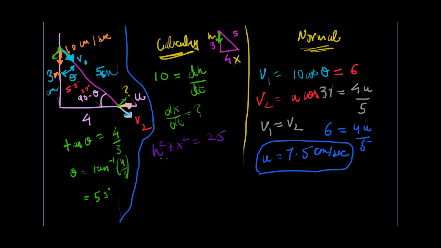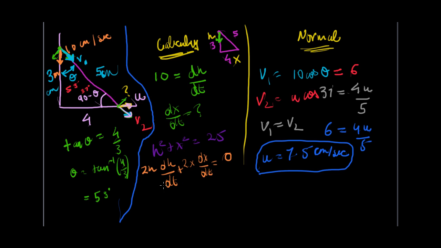So what if I differentiate both sides with respect to time? And I believe you know this is somewhat an implicit differentiation, so I believe it will be this, right? And on the right hand side you'll get 0, because the derivative of a constant is 0, right?